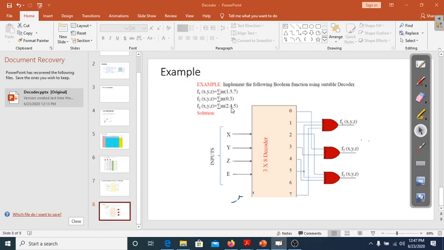Then for f3, 2, 4, 5, this 2 is the input of this OR gate, this 4 is the input of this OR gate, and the 5 is the input of this OR gate. In this way, by using the decoder, we can implement the Boolean function.